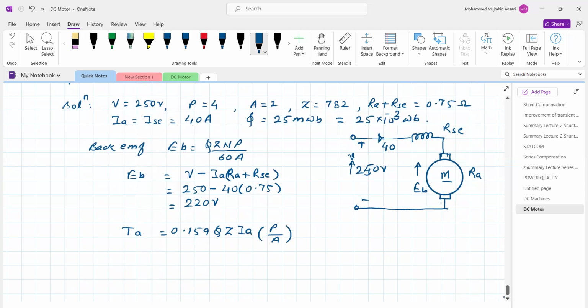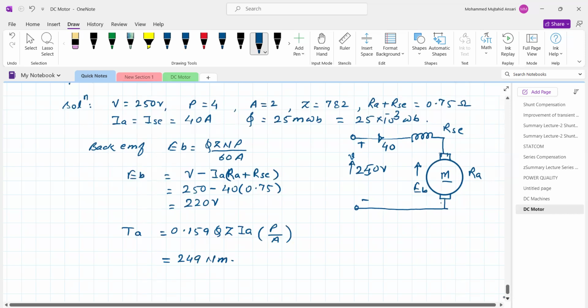We got the value, and from this, if you put the value of back EMF over here and calculate the speed, we can calculate the speed from the same equation. Putting it over this, we get the torque equal to 249 Newton meter.